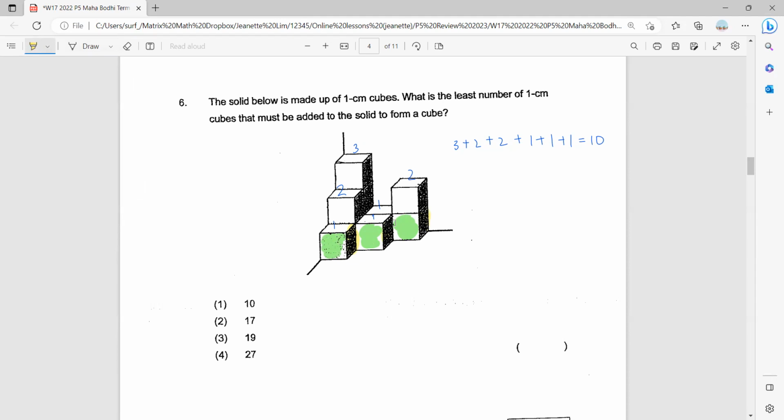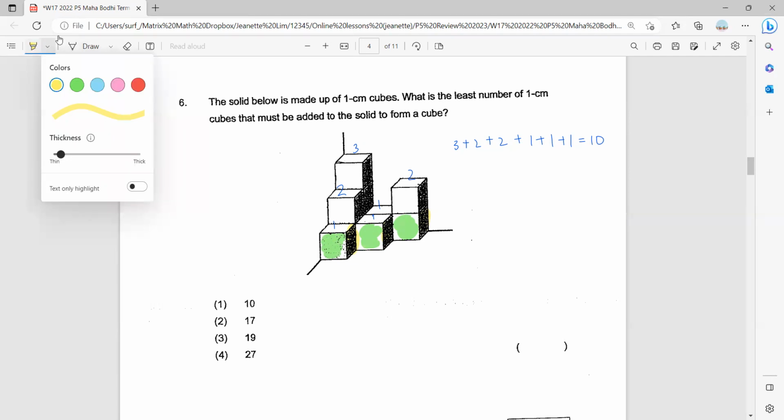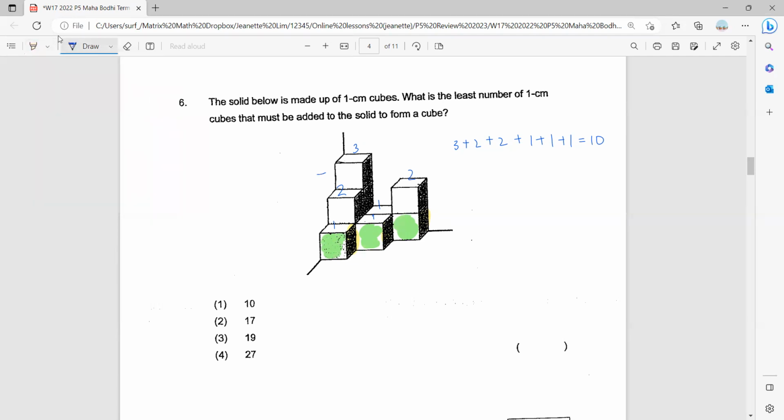You also have 3 cubes wide. And if we look at the height, the highest is 3 cubes. So the cube that we're trying to form is 3 times 3 times 3. 27 cubes. So how many more do we need? 27 minus 10. Okay, so answer 2.